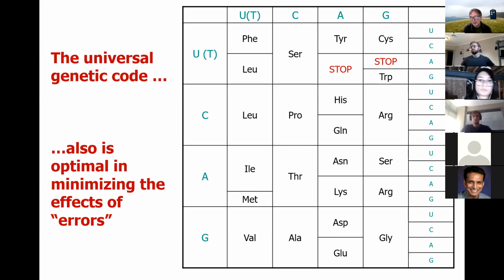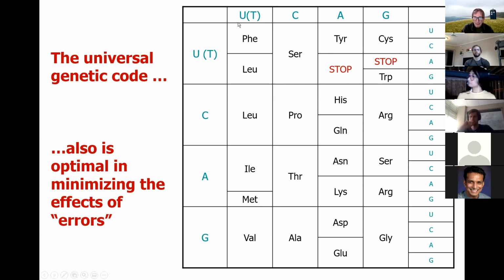And my favorite example of that is the universal genetic code. I'm not going to go through this in detail because there's lots I can tell you about this. So I'm going to skip through some of the things I want to say about it. The universal genetic code is literally a code. It says, if I know this letter in the first column, this letter in the second column, and this letter in the third row, I can tell you what those three letters will code for in terms of amino acids that make up proteins.